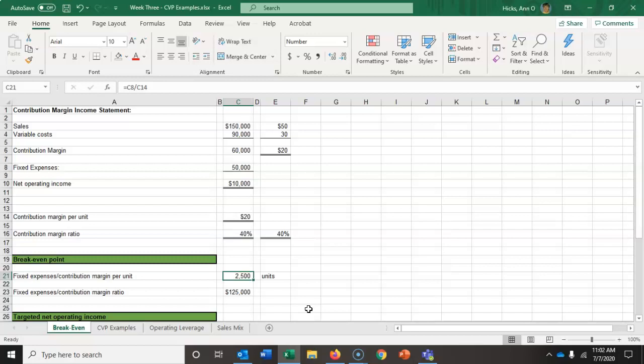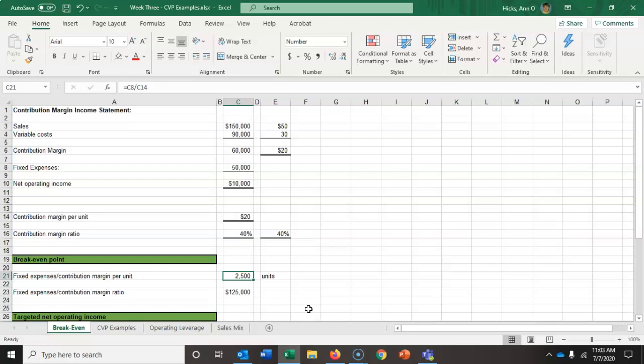I like to think of it in very simple terms, keeping in mind that your contribution margin per unit contributes toward covering your fixed expenses, and your contribution margin minus fixed expenses equals net operating income. As long as you're generating enough units to cover your fixed expenses, you're going to break even.